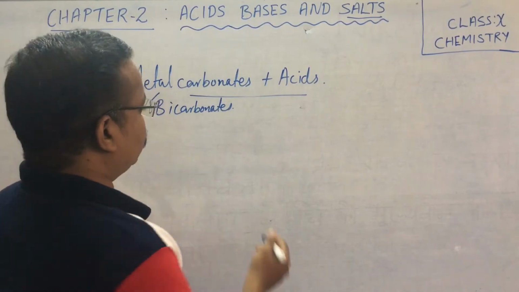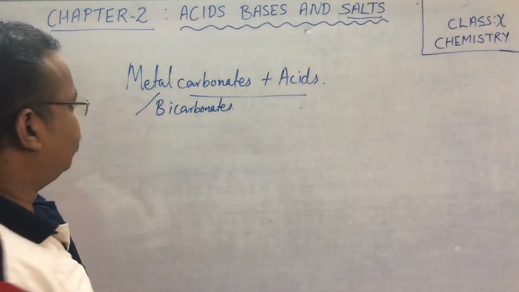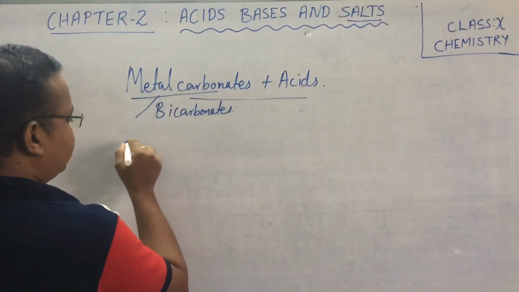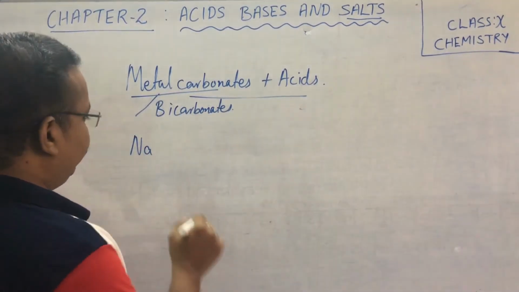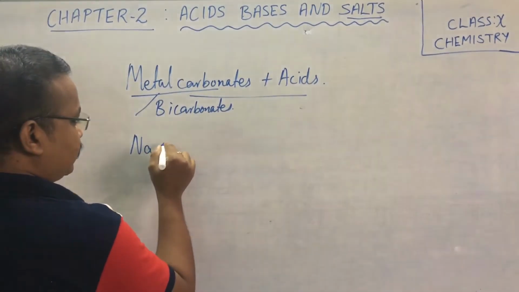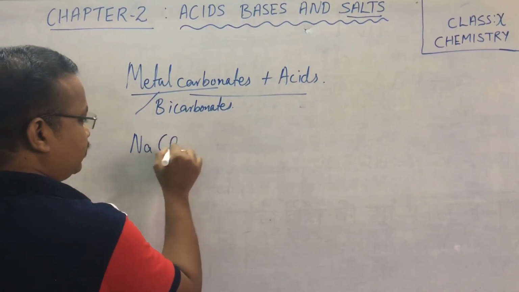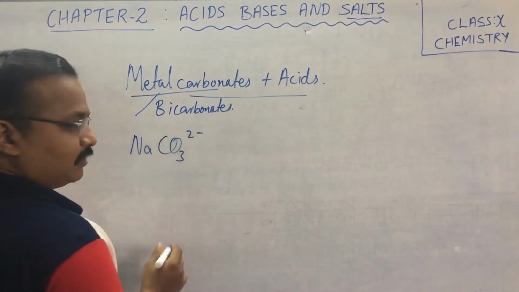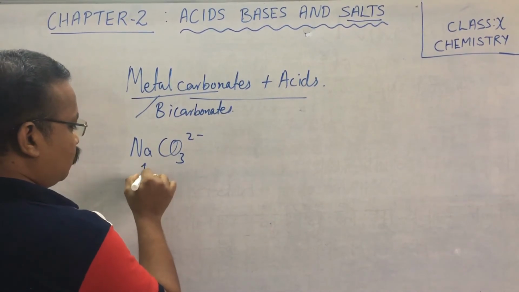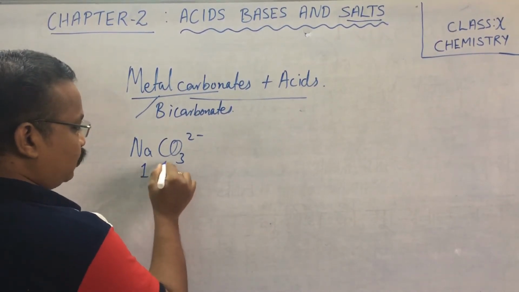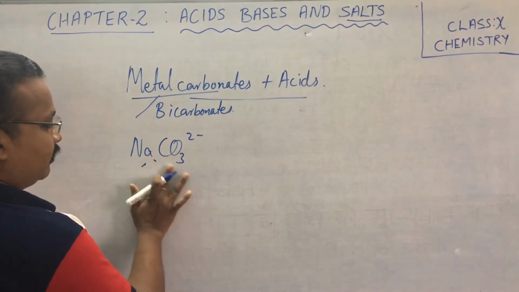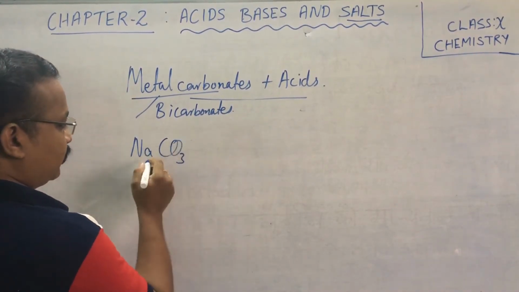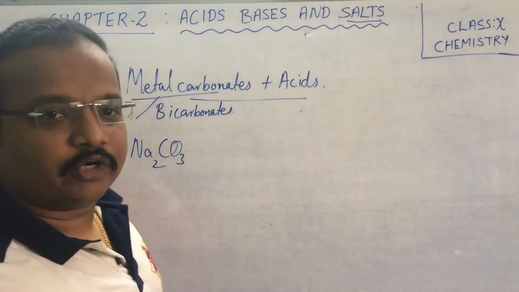Bicarbonates are also called hydrogen carbonates. This metal carbonate means, let us write an example. Sodium is a metal, right? When you take into consideration carbonates, the carbonate formula is CO3 2 negative only, right? Now sodium has 1 and carbonate has 2. When they crisscross each other, we get what? Na2CO3. This is our sodium carbonate.